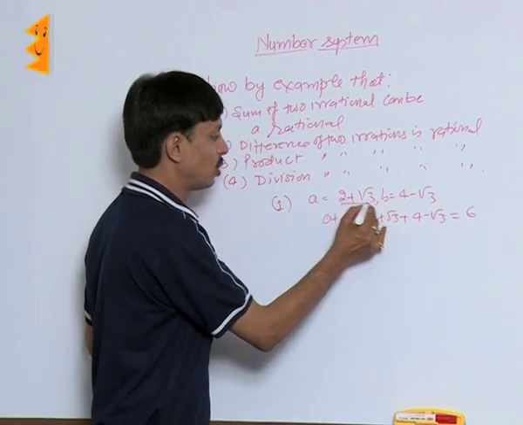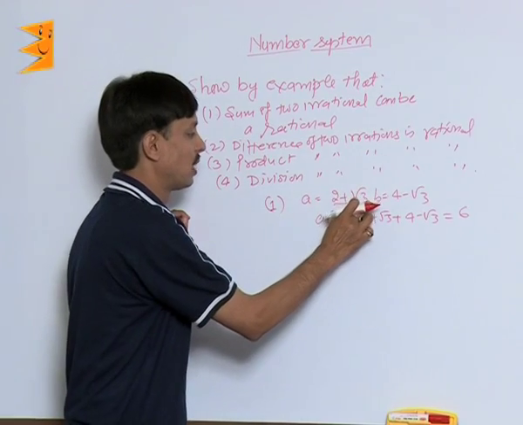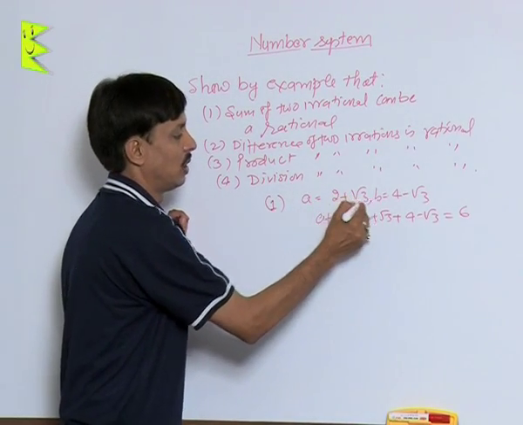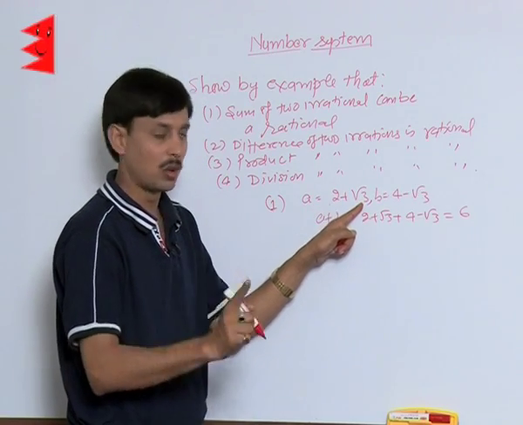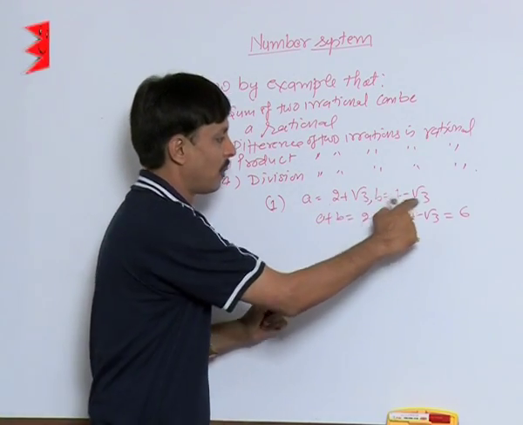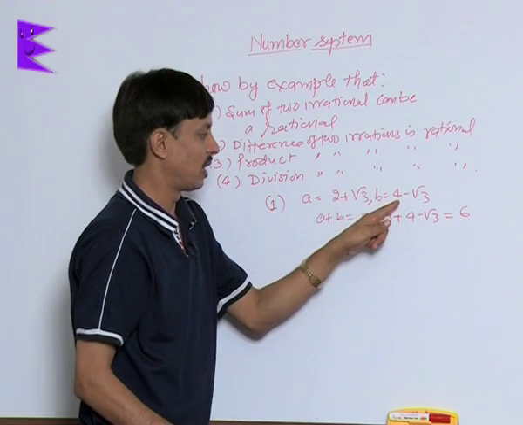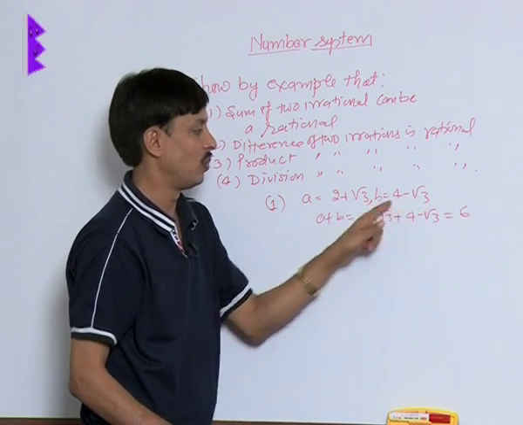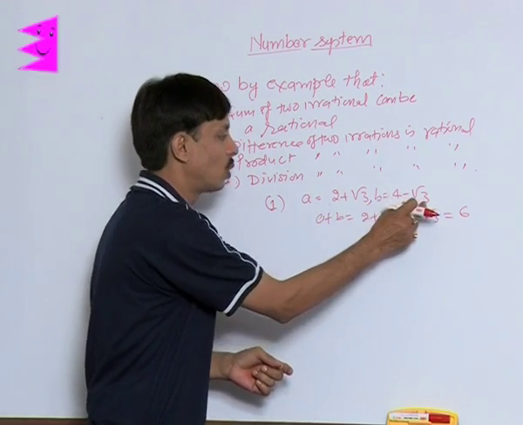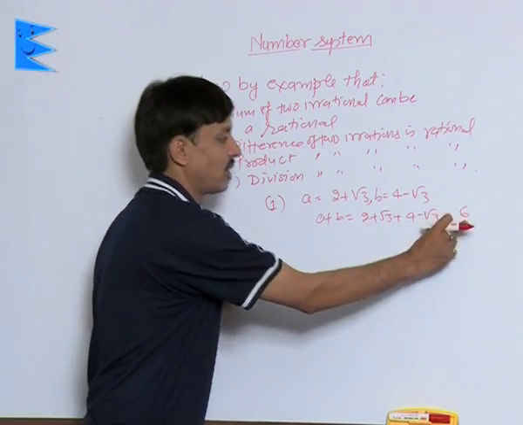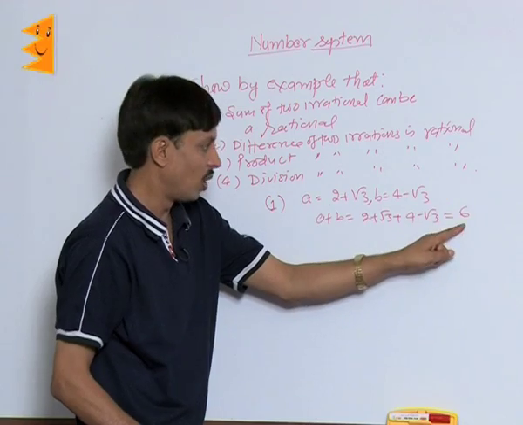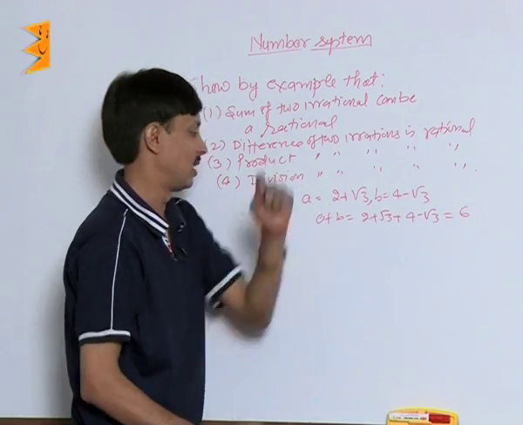So 2 plus root 3 is the irrational number, because the sum of a rational with an irrational is always irrational. 4 minus root 3, the difference of a rational and an irrational, is always irrational. These are two irrational numbers whose sum is coming 6, which is natural, whole number, integer and rational.